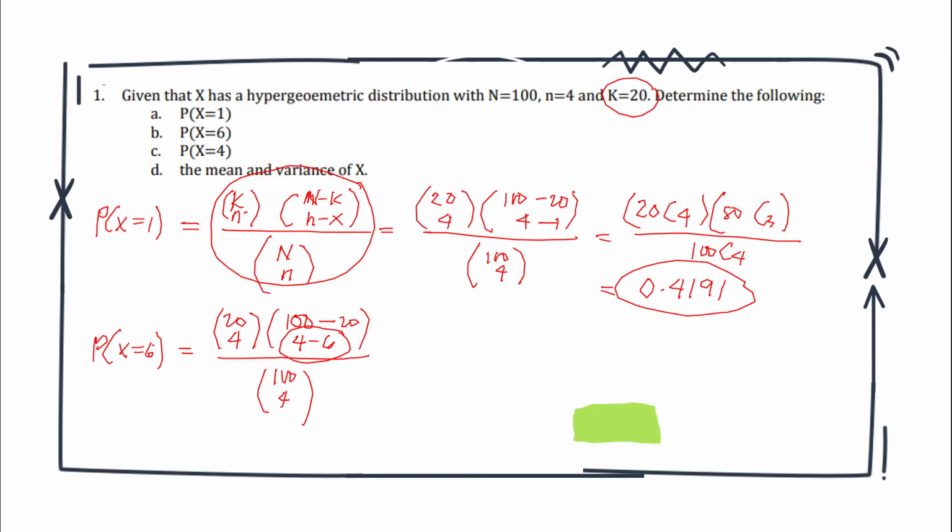So why is it a negative? Therefore, the possibility here is when x is equal to 6, and take note our n is 4. Since the sample size is only 4, we could say that there is an impossible probability. So this is 0. Okay? So n is equal to 4.